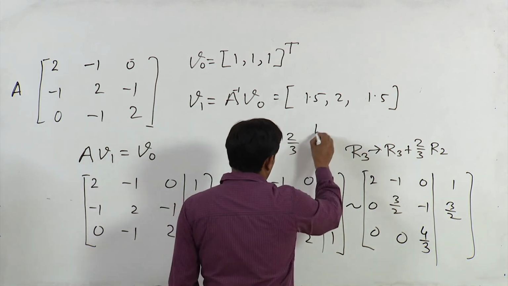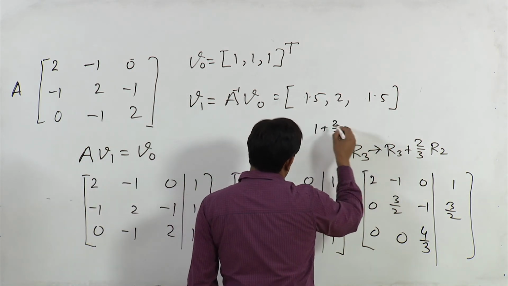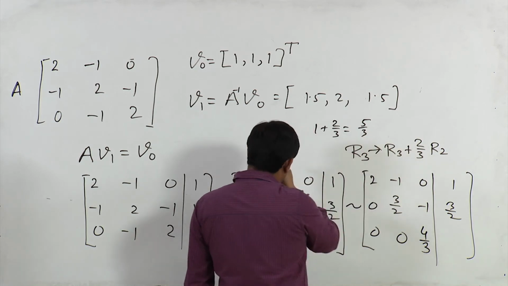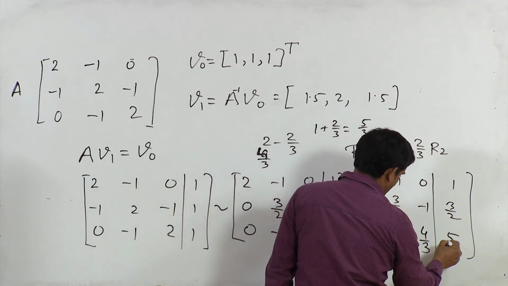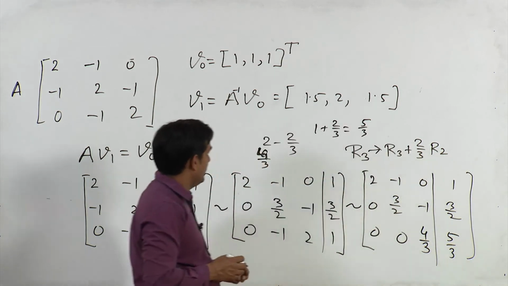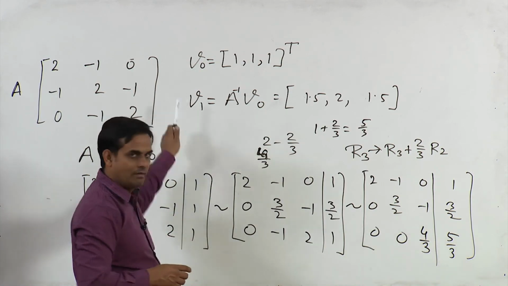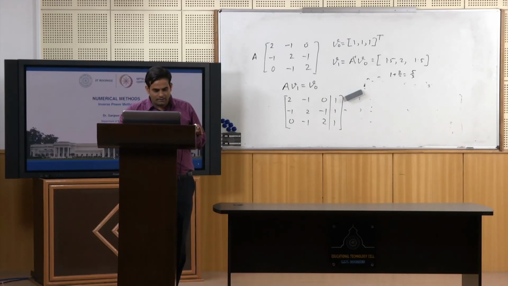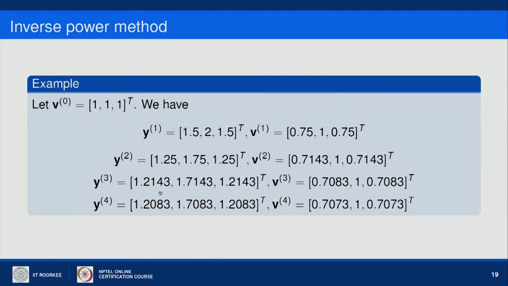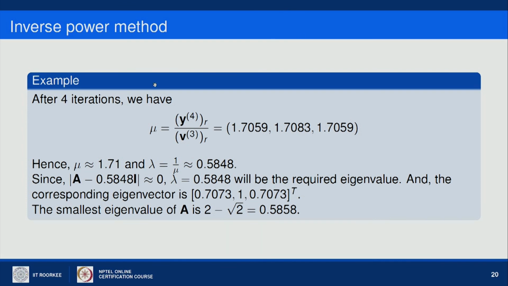So, 1 plus 2 by 3 will be 5 by 3, and from here we will get this vector V1. So, continuing this, I will calculate y2 and then V2, y3, V3, y4, V4, and after 4 iterations we observe that my system is converging to mu equals to 1.71 and lambda equals to 1 upon mu, that is 0.5848.